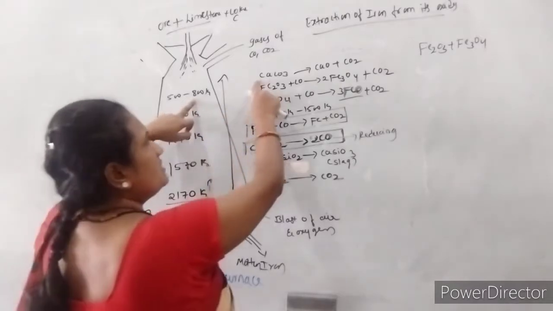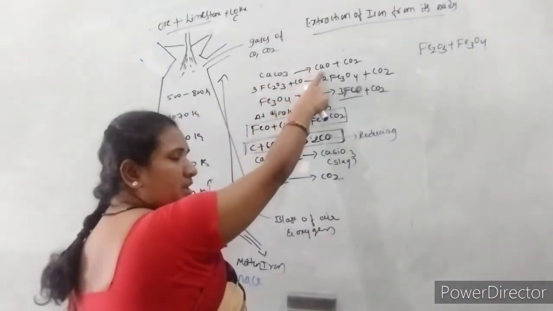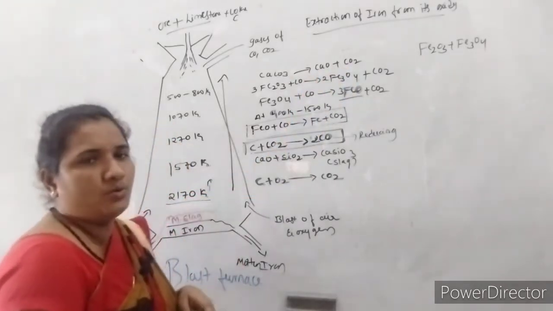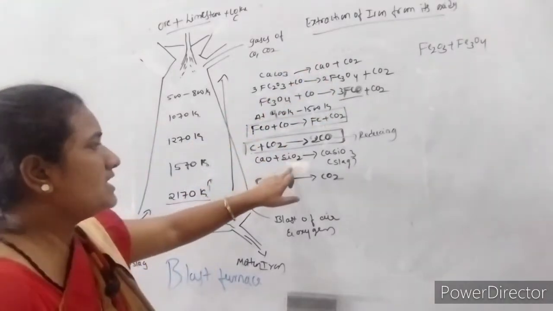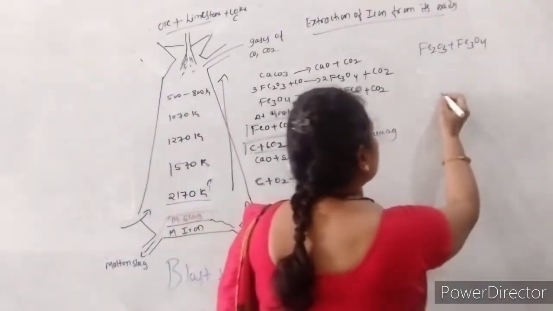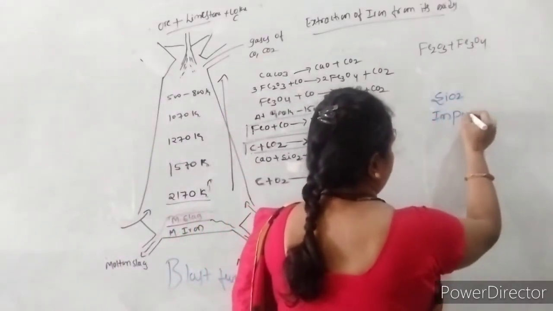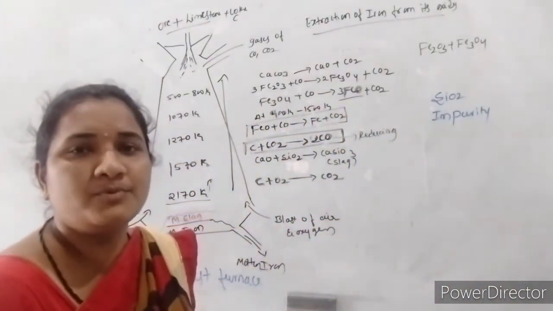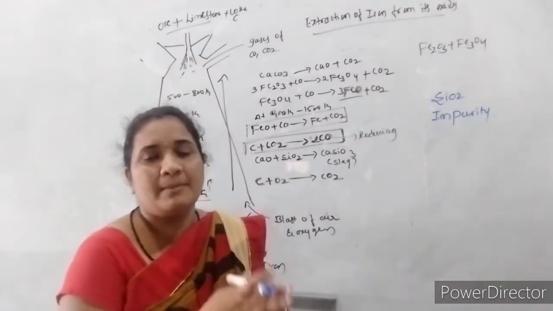In this range, the calcium carbonate undergoes decomposition and produces calcium oxide with the liberation of CO2. This calcium oxide combines with the silica. The silica is called an impurity, or gangue. We are using limestone to remove the impurity, or gangue, which is present in the hematite ore.